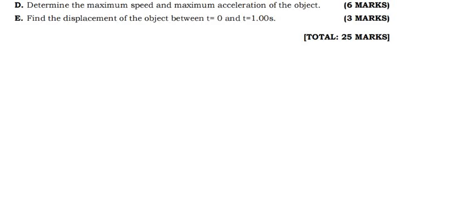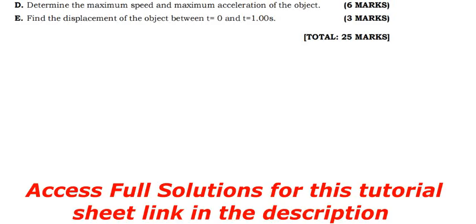Question 1D is saying determine the maximum speed and the maximum acceleration. So now I'll be using the previous information which I gave you guys. To find the maximum speed, from the formula that we were given, it was in the form of this plus phi.